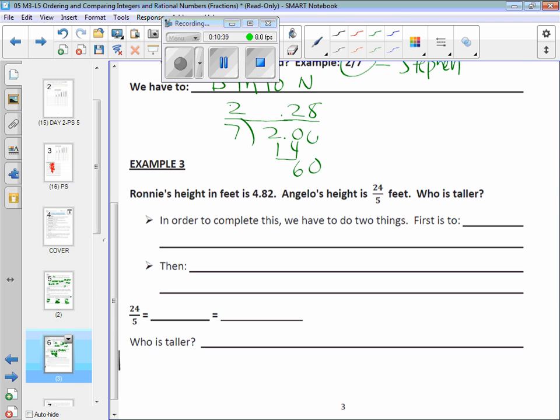Okay, Charles. Right, so that's a first step. Change the improper fraction to a mixed number. And then what? Then make a decimal.